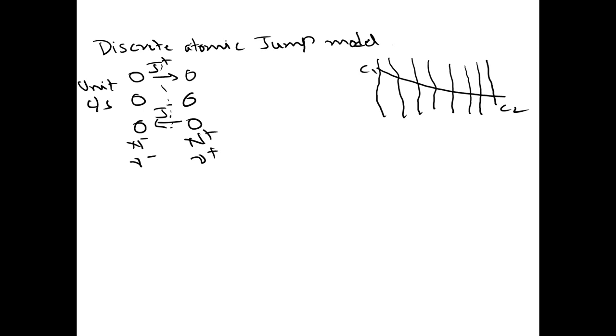It's the jump frequency. The jump frequency is nothing but the number of successful jumps from one plane to another plane.